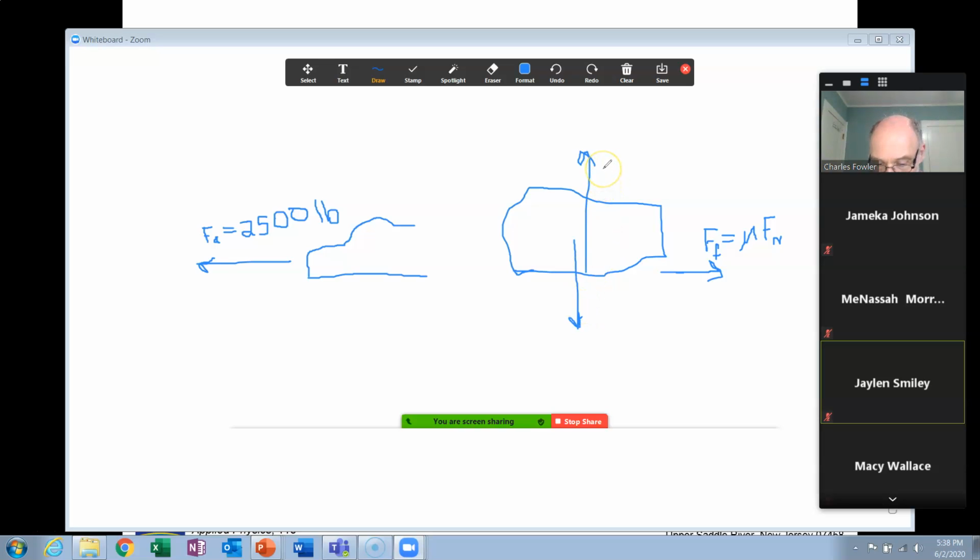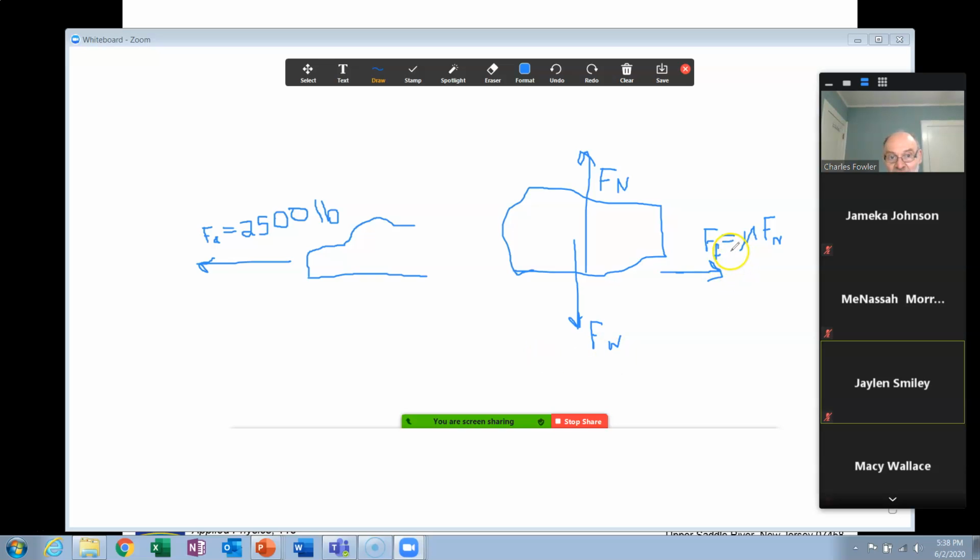This is the normal force, and that has to be equal to the weight. Here is the weight, F sub W. That's the force due to weight, pulling downward. So since these two have to be equal, this is what you're looking for: what is the maximum weight truck that can be pulled by the tow truck?